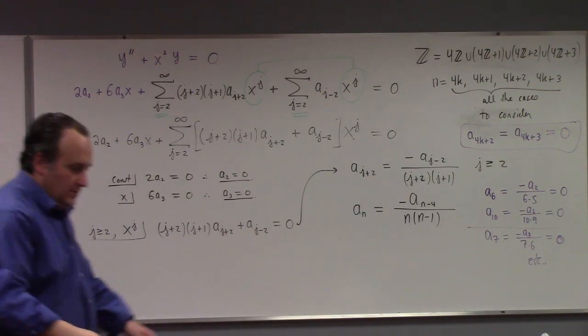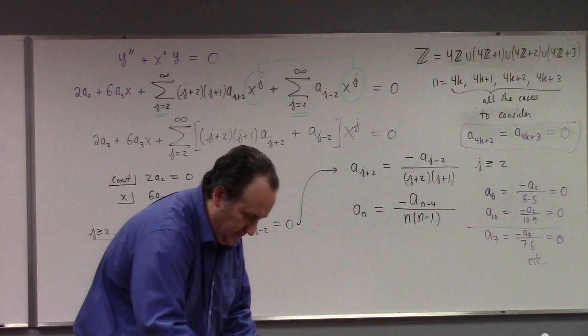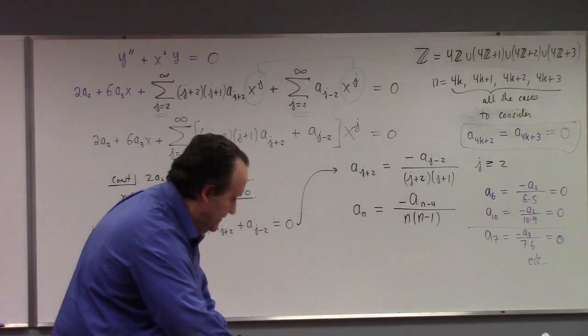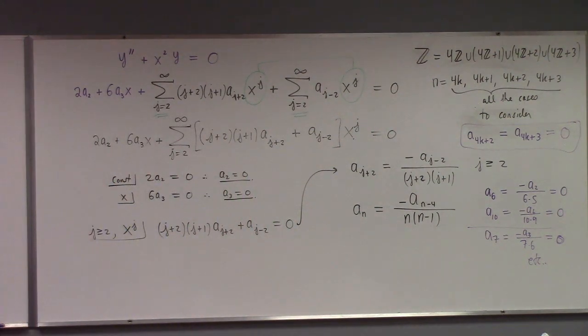Let's see here. So let us face the music. We've got to grapple with the formula a sub n is equal to minus a sub n minus 4 divided by n times n minus 1, right?